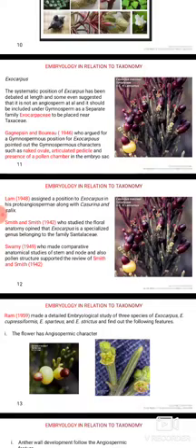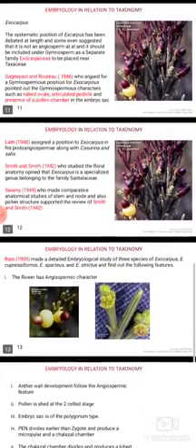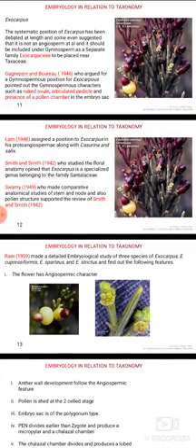Ram in 1959 made a detailed embryological study of 3 species of Exocarpus, namely Exocarpus cupressiformis, Exocarpus sparteus, and Exocarpus strictus, and found out the following features. The flowers have angiospermic character.